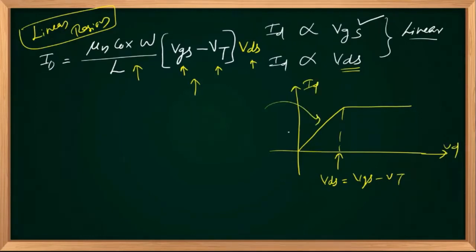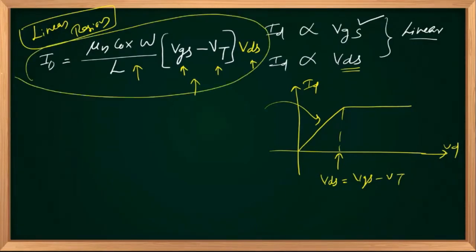We derived the linear equation of current, linearly proportional to VDS, because for a given curve VGS is constant. So in your linear region, it's linearly increasing. Slope is positive here. Now suddenly the slope becomes how much? 0.